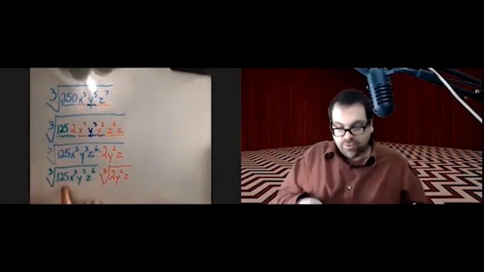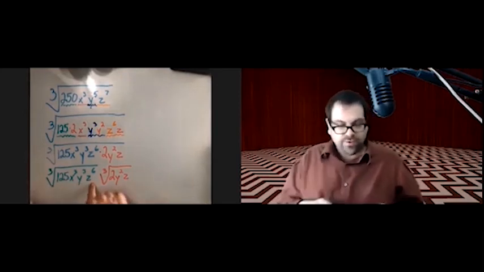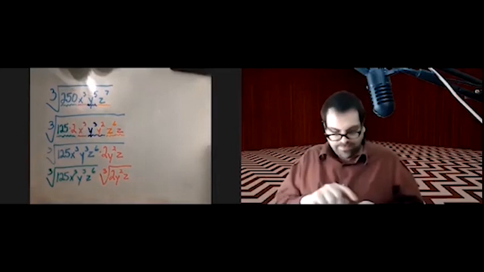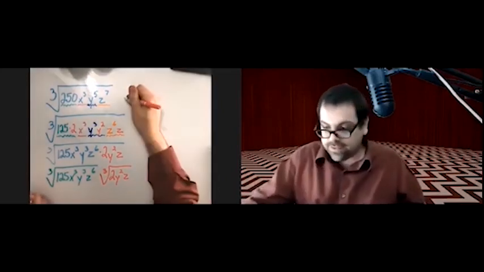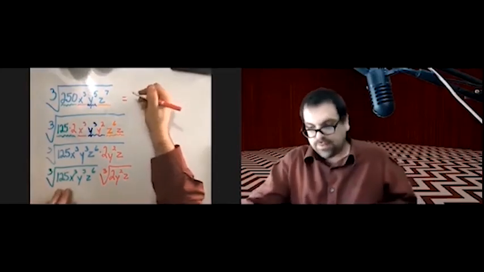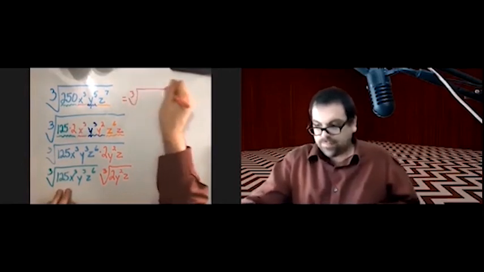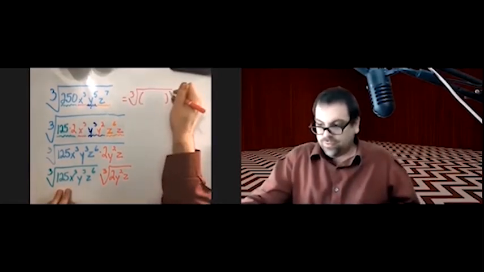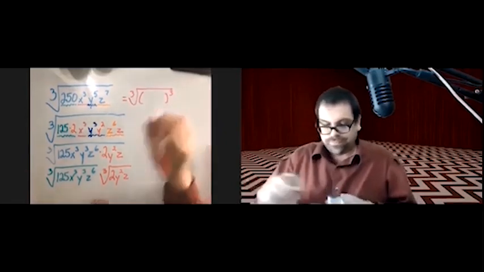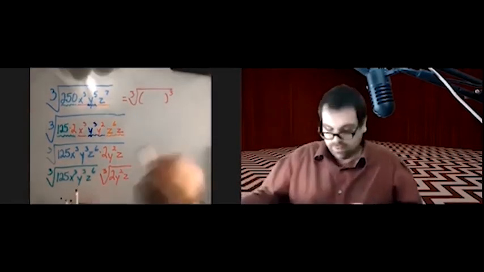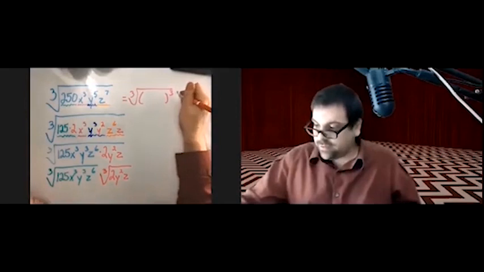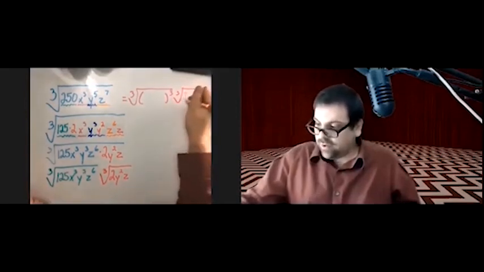If we take the cube roots of 125, x cubed, y cubed, and z to the 6th, we get the cube root of a cube times the cube root of our leftover piece, the 2y squared z.